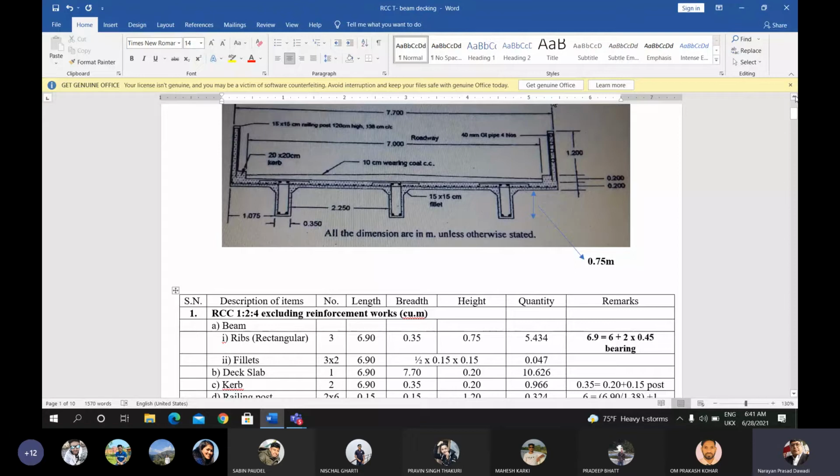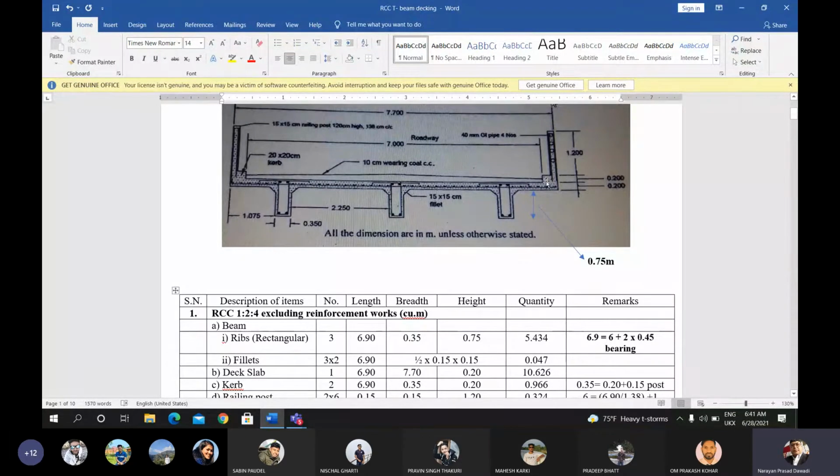The wearing coat has an average thickness of 10 centimeter, and its volume will be length into breadth into thickness. Okay. Now look at this figure.